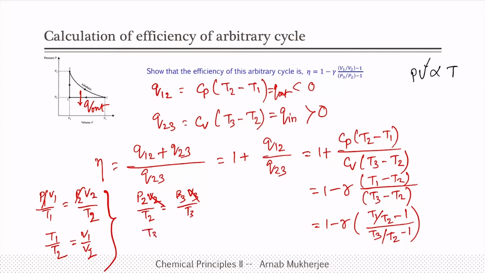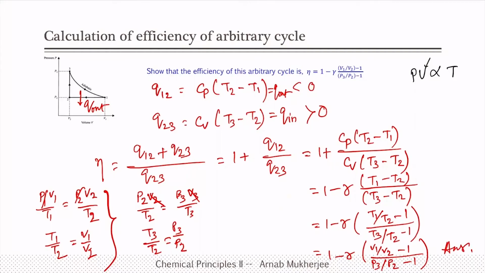So, T3 by T2 will be P3 by P2, which means I can write 1 minus gamma, T1 by T2 is V1 by V2, so V1 by V2 minus 1, and T3 by T2 is P3 by P2 minus 1. So, this is our answer, right.